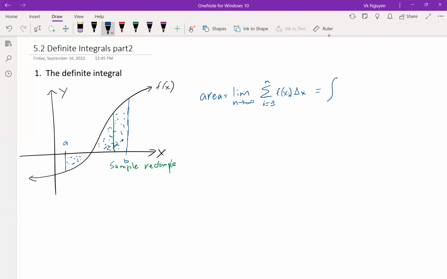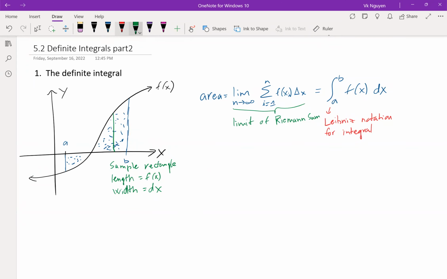From a to b of f(x) dx. And you can see here that in a sample rectangle, the length is f(x), the width is dx.